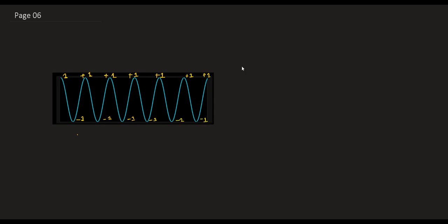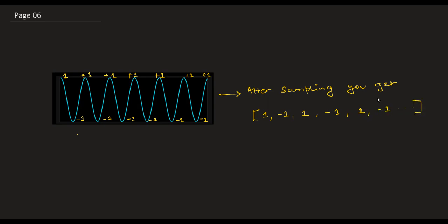When I do sampling, that is the ADC process, I am going to get an array or a matrix which has only these values. Got it? And now this is my digital signal. What is shown within the bracket, 1, -1, 1, -1, etc., is your digital signal.